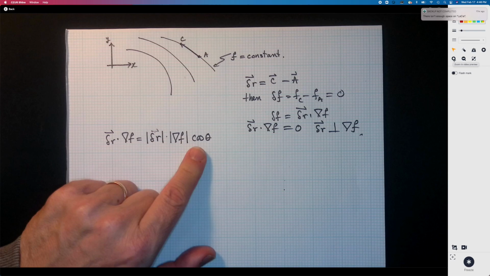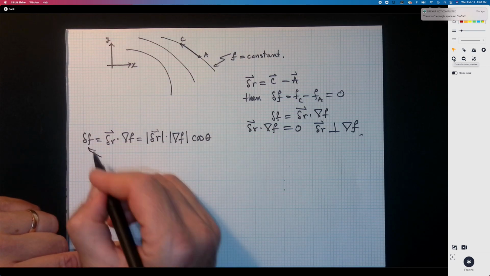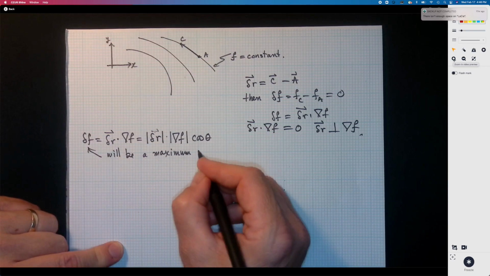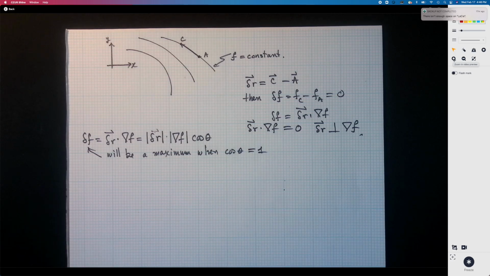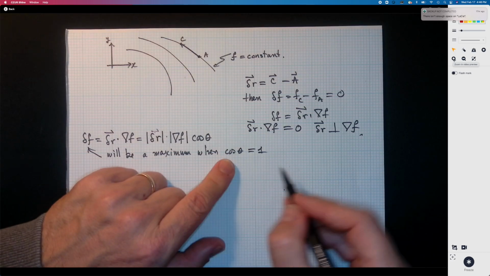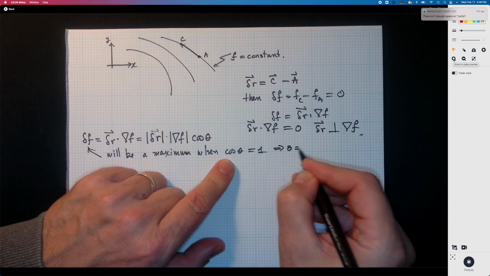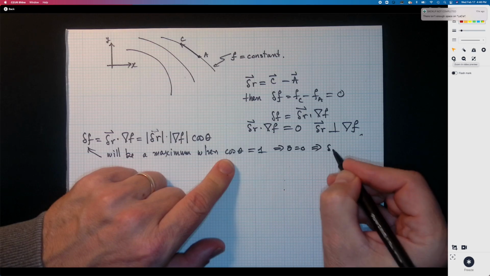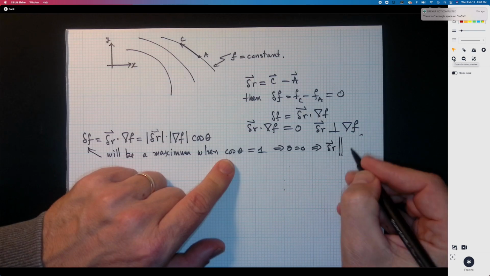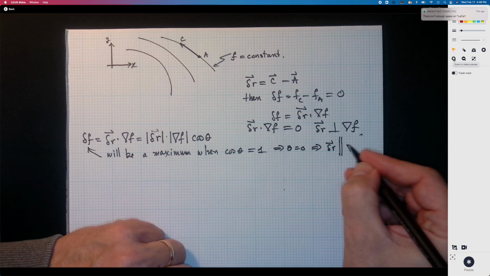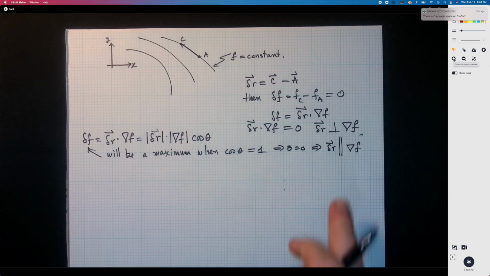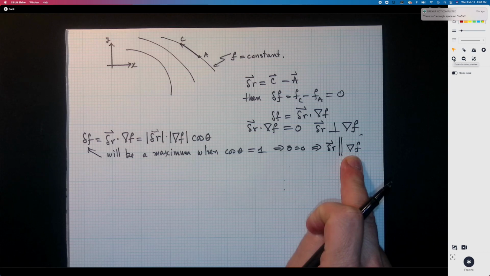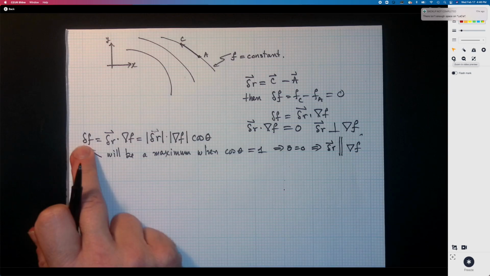We see that this will be a maximum when cos theta is 1. And cos theta equals 1 implies that theta equals 0, which implies that delta r is parallel to grad f. So that means that grad f is pointing in the direction of maximum increase of f.